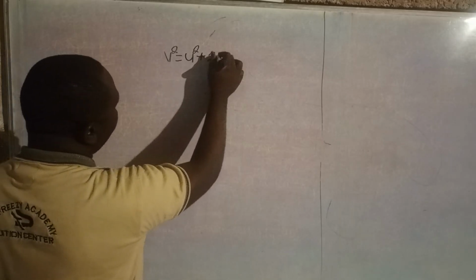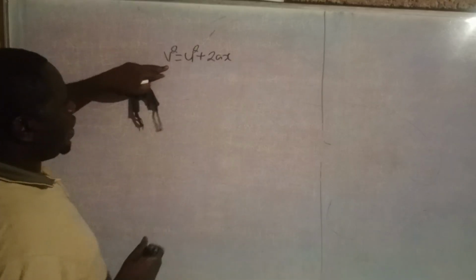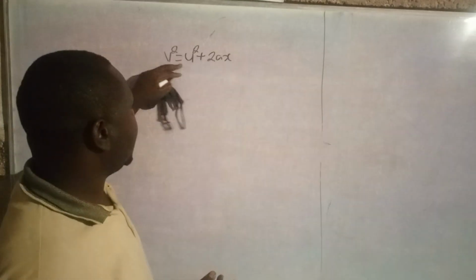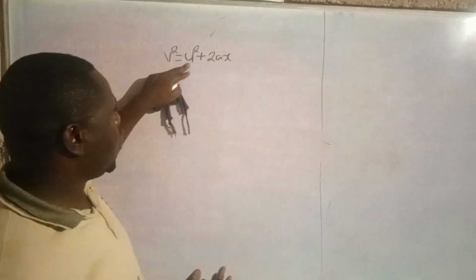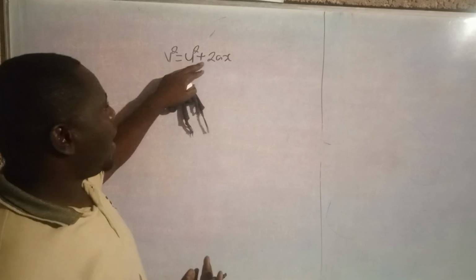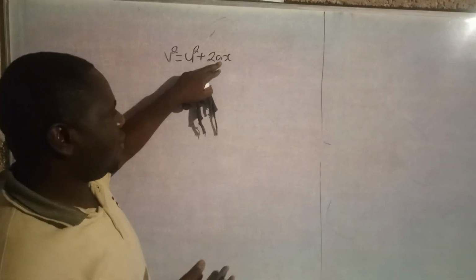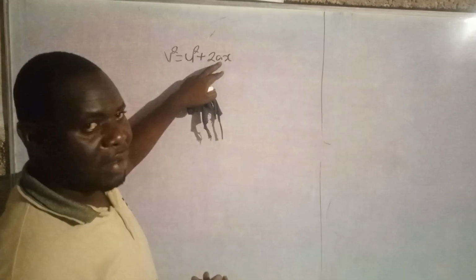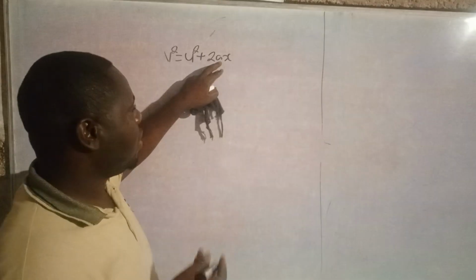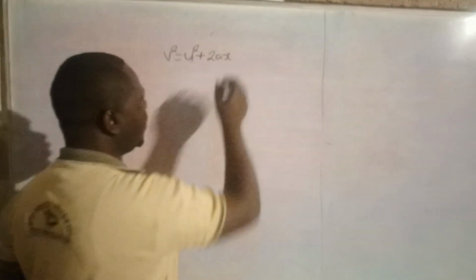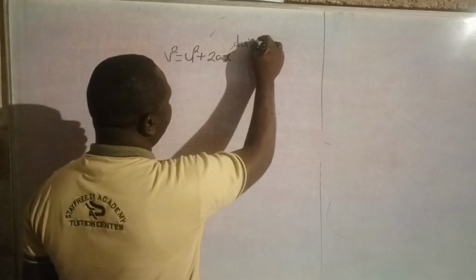The first formula is v squared is equal to u squared plus 2ax. Here v is the final velocity, u is the initial velocity, and a is the acceleration, sometimes the acceleration due to gravity, g, and x stands for the distance.